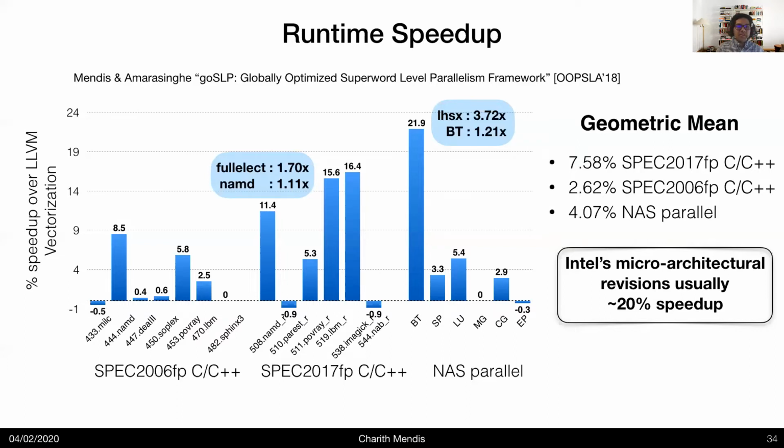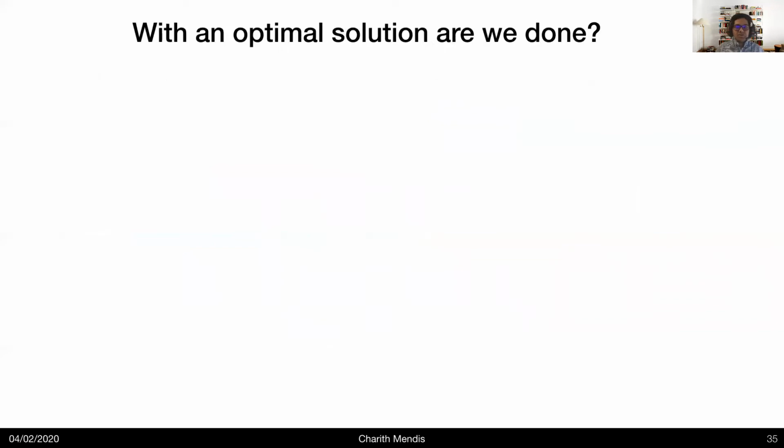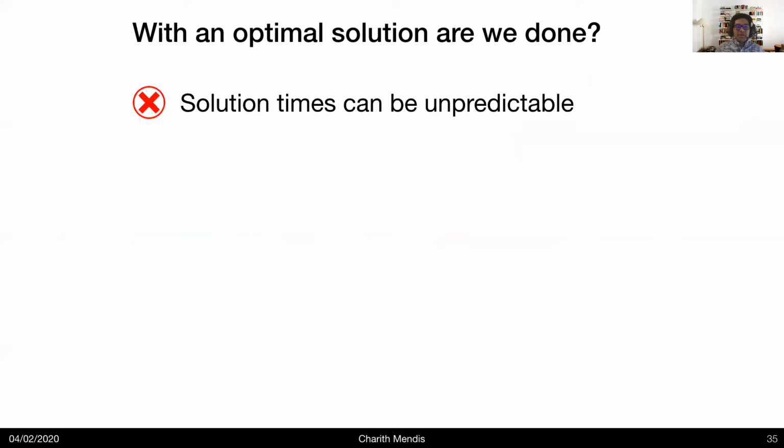Okay, now we have a good enough solution. So are we satisfied? If you look into the solution a little bit further, you can identify two undesirable characteristics of it. First, since we are using an ILP solver, the solution times can be unpredictable.